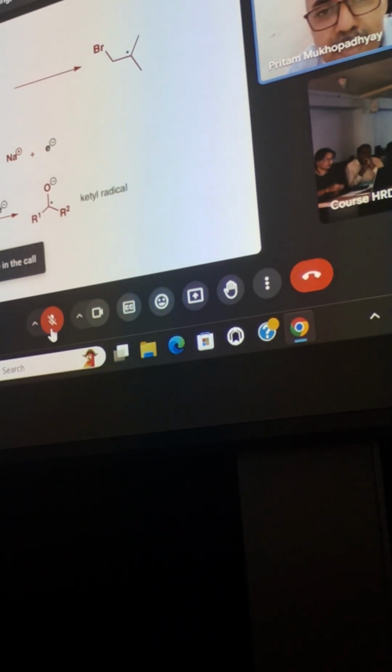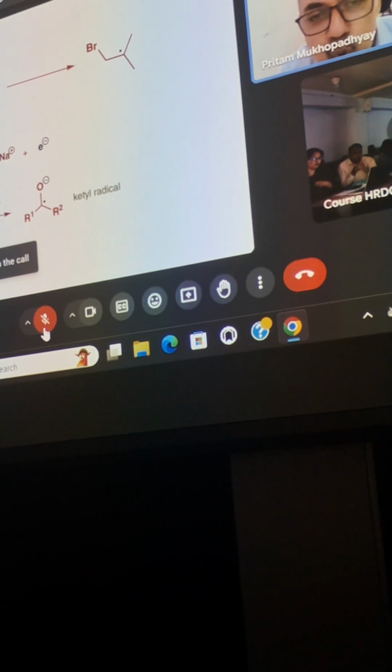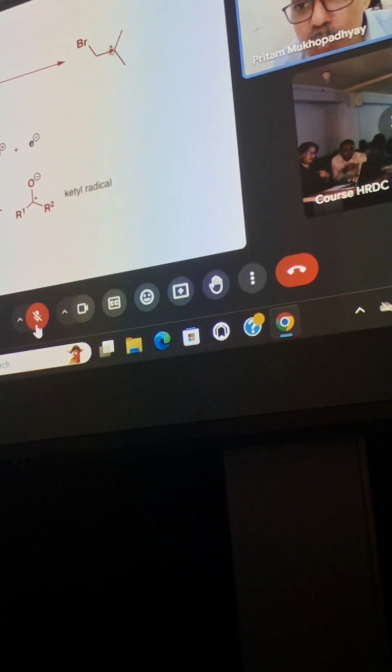What is the reason for it? As I told you in my outline, radicals are very small, and this can actually give us chemoselectivity as well as regioselectivity. Why is this major product forming, but then why is this bromine radical not getting attached over here and this one over here?